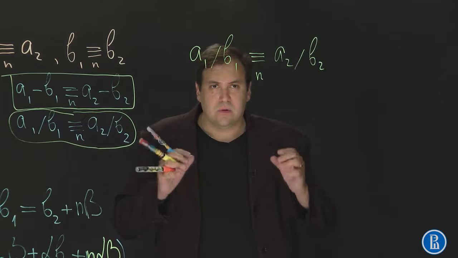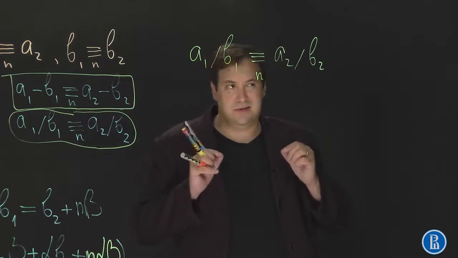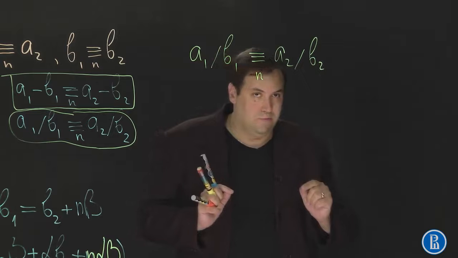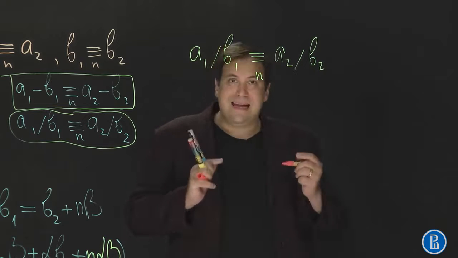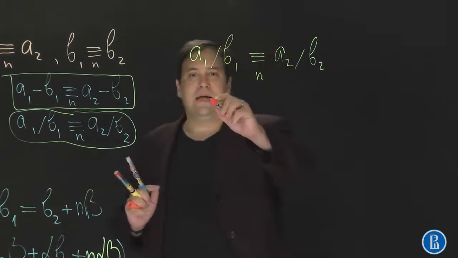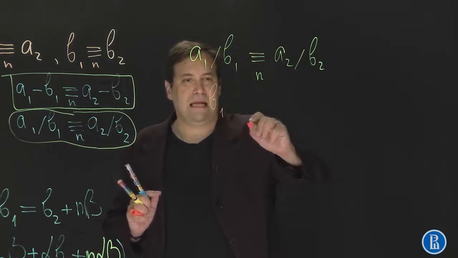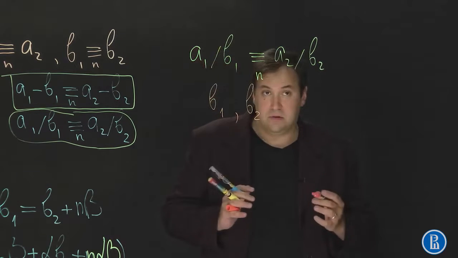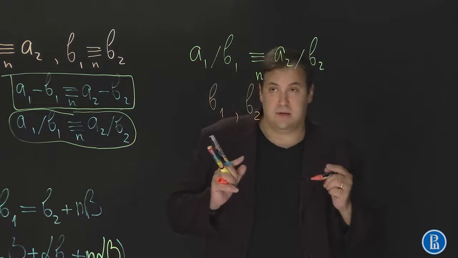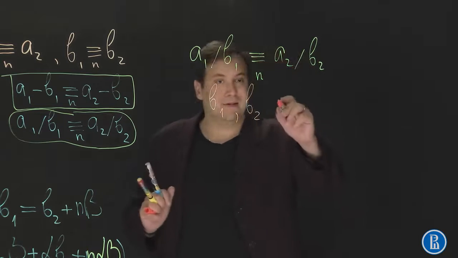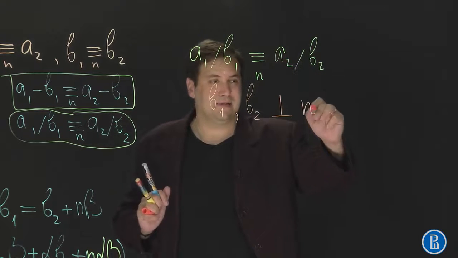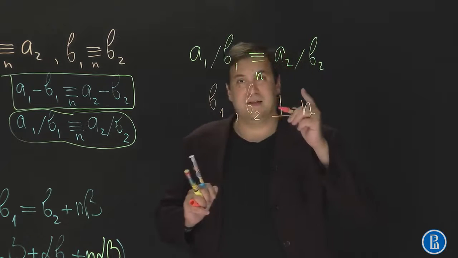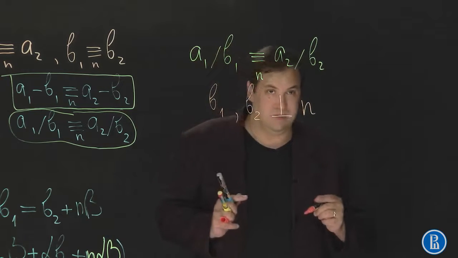Now I would like to focus on a specific condition in which this actually holds. Pay attention to b1 and b2. If b1 and b2 are both mutually prime with n, well, in this case, the division property holds.